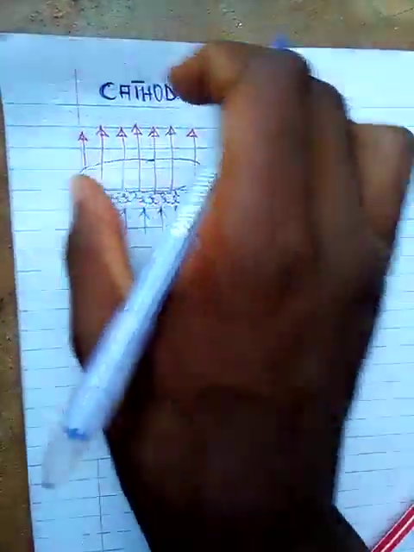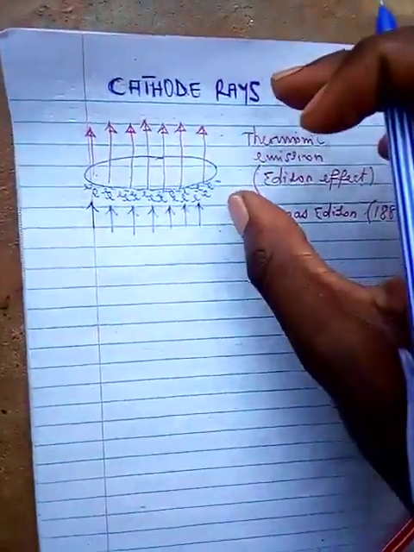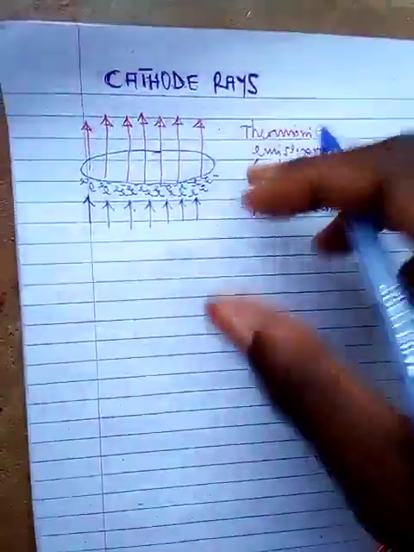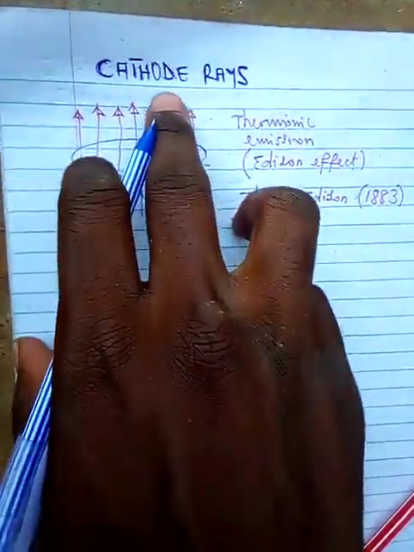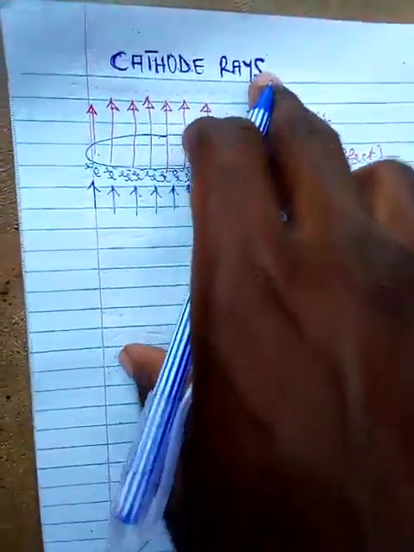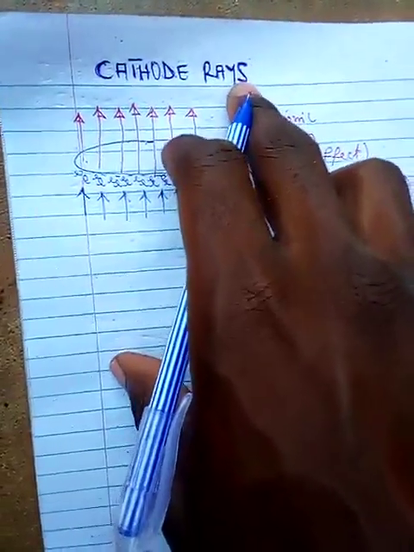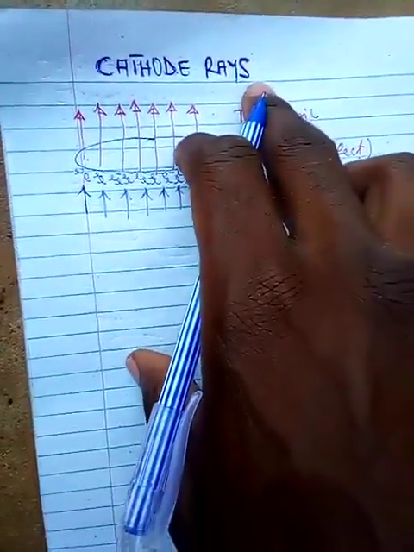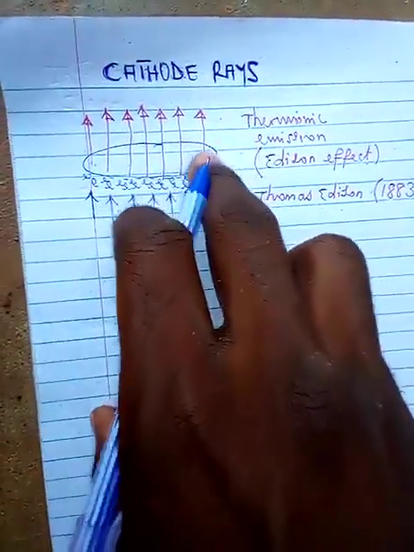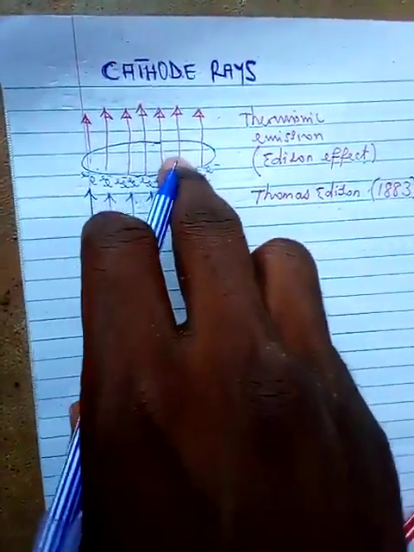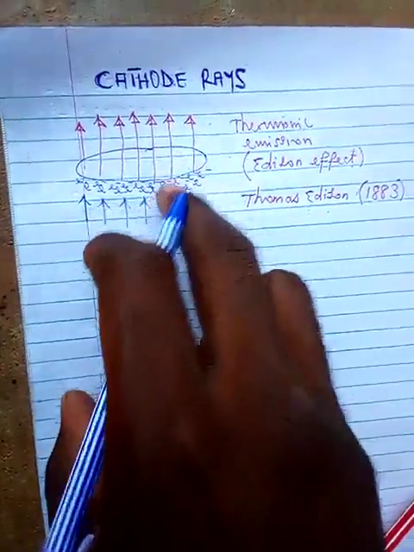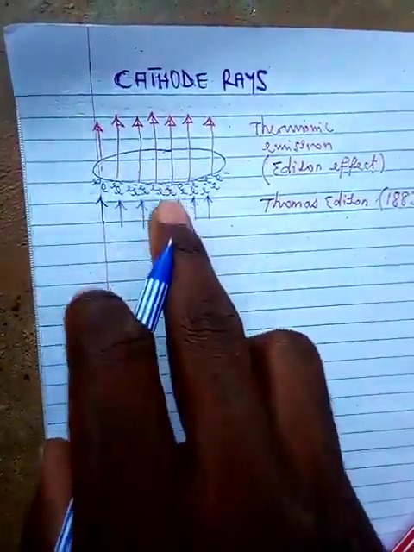Now, I had mentioned in the previous video, when I was talking about the cathode ray oscilloscope, that cathode rays should not be mistaken for beta rays or beta particles. Beta rays or beta particles are streams of electrons that are released from the nucleus of a radioactive substance. So cathode rays are not beta rays.